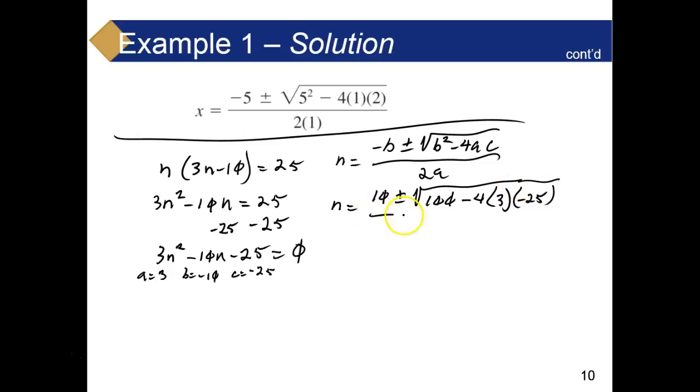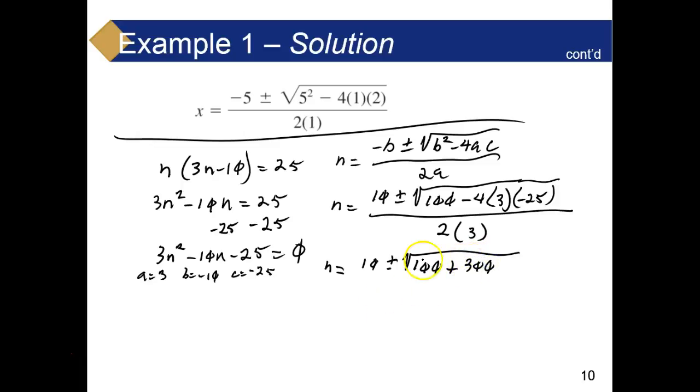All right, he's already figuring it out. And what goes on the bottom? 2 times 3. Okay. So your n is equal to 10 plus or minus the square root of 100 plus 300. Y'all did that quickly. Over, what did you say? 6, okay?